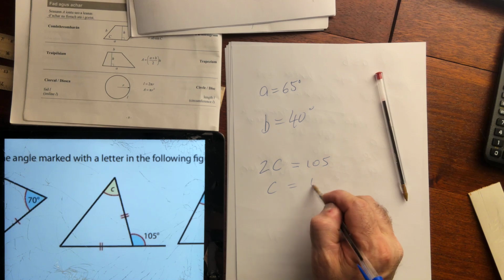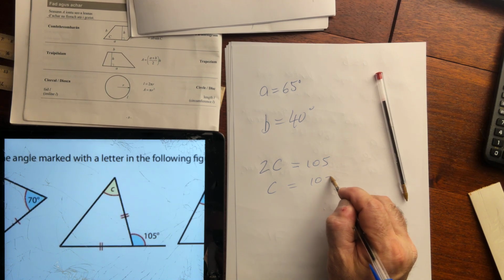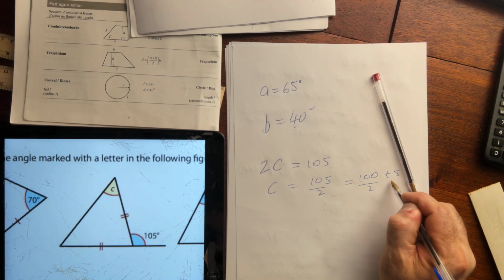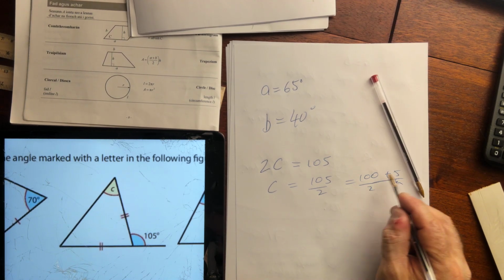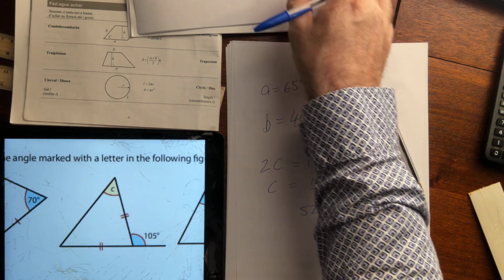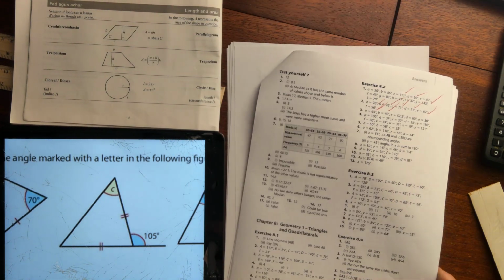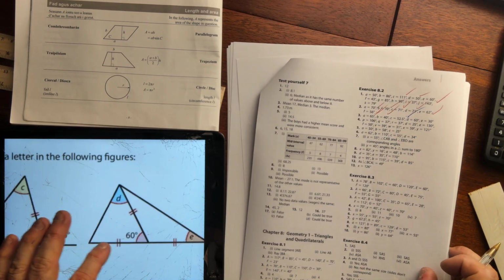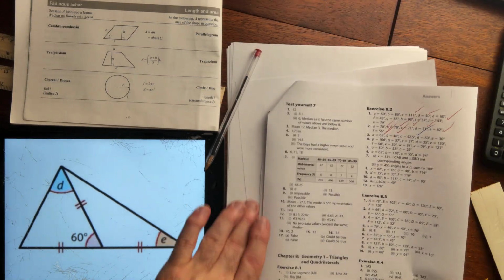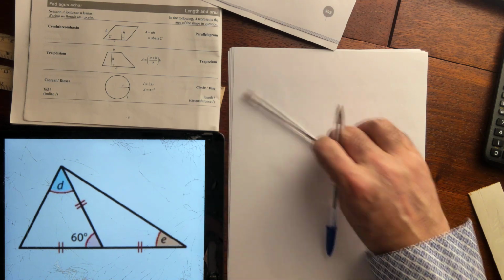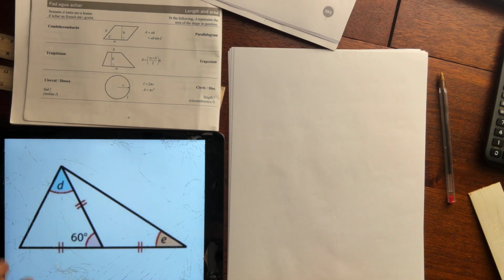So C equals 105 over 2, 100 plus 5 over 2, which is 52.5. So pause the video, do it yourself, work it out.